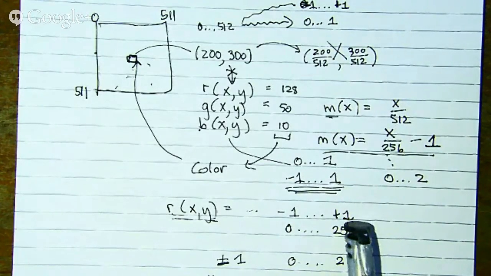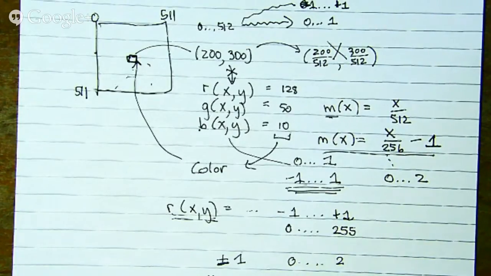Multiplying by 256 will give me a range that's exactly twice as large as the one I want. What's half of 256? Okay, 128.